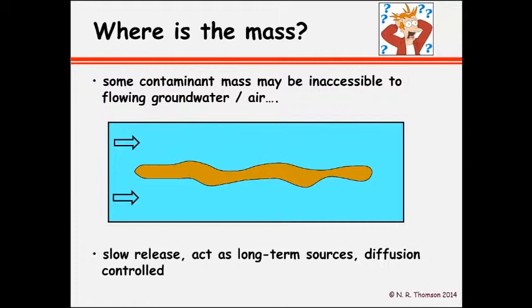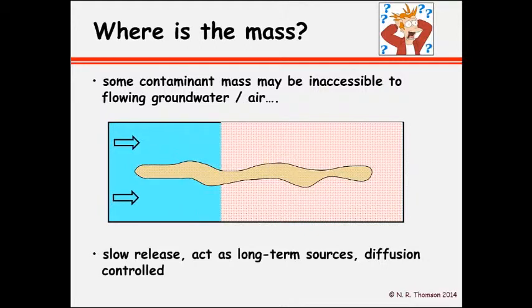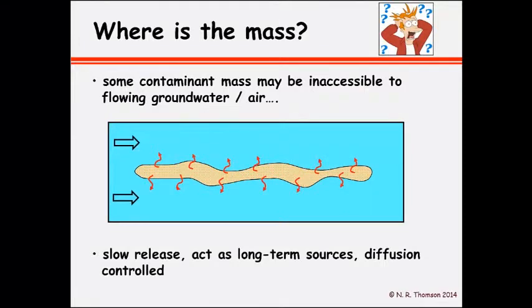As the mass comes in from the left-hand side of your screen, it will flow around the lower permeability lens like a clay, and then as the plume sits there, it will diffuse slowly into the lower permeability lens, and in the end the lens will store mass, and then as you clean up the source area, these lenses or low permeability features will bleed back and be a long-term contaminant source themselves.